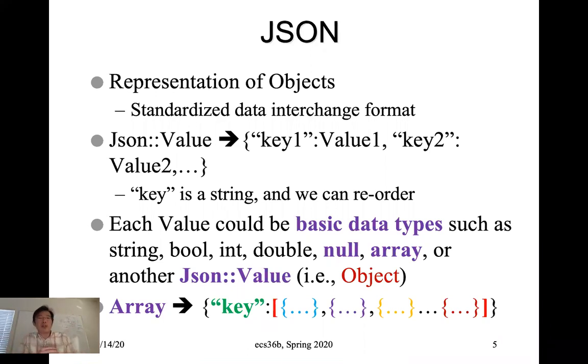Compared to C++, here is the difference, and the reason why we need to learn JSON in object-oriented programming. In C++, when we define a class, we provide a few attributes or member functions, and you have to define them.